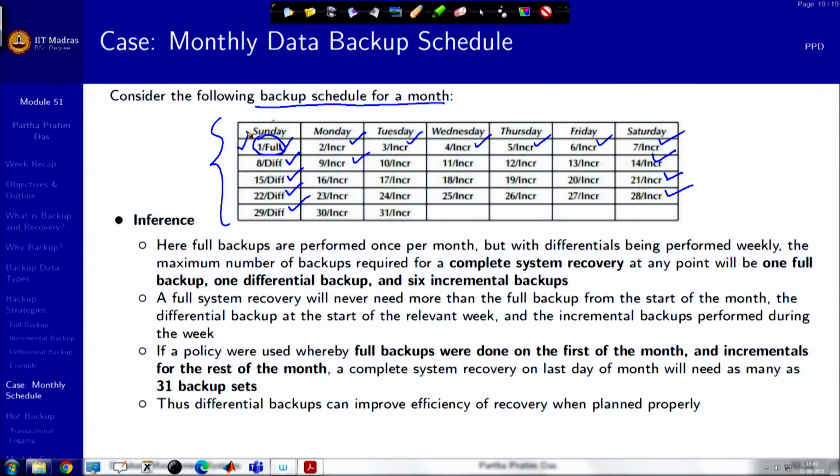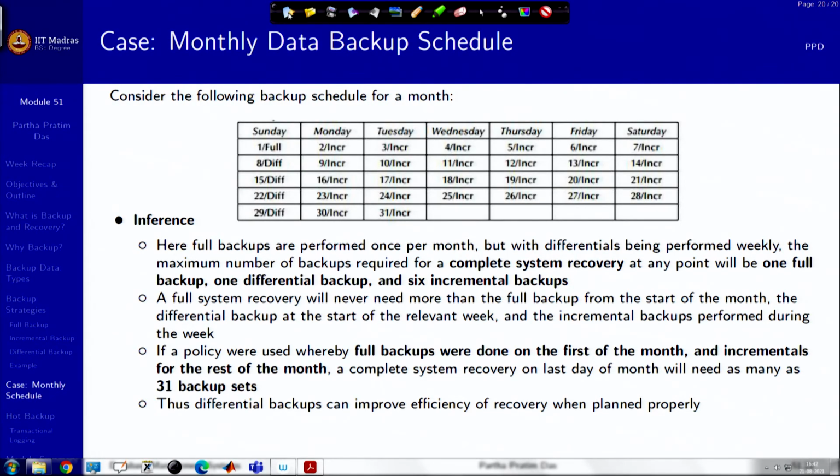Right? So, with this kind of a pattern being followed, what is the maximum number of backups that you will need to restore?